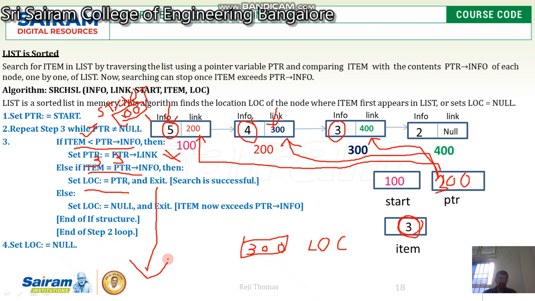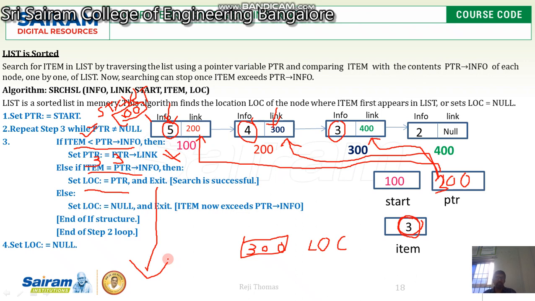So we have successfully searched the given list. The list is a sorted one, and we have taken a case where the list is sorted in descending order, and we got the match successfully. Otherwise, I continue like this: PTR will point to the next node, then the next node, then the next node. How long should I do this?